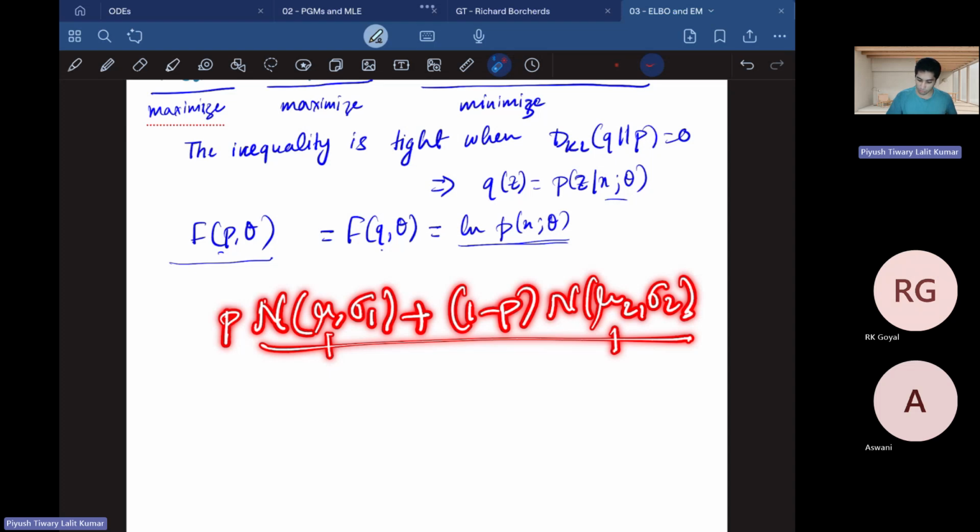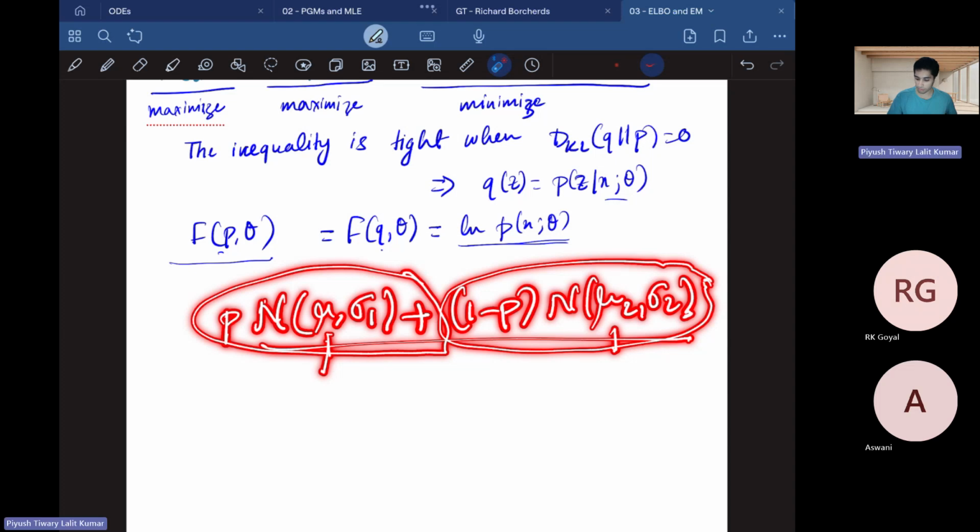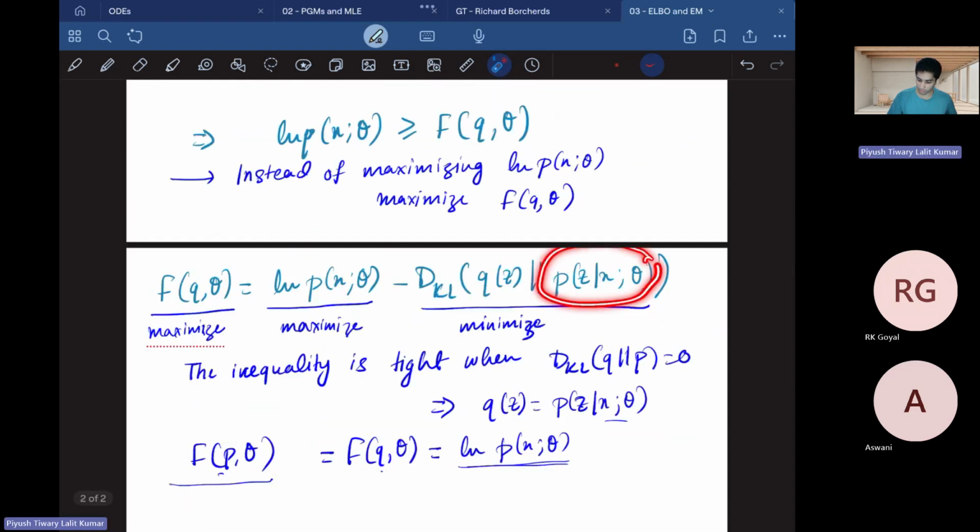So if I know that the sample is taken from mu one, this will become my P of X given Z, and if I know that the sample is taken from the second cluster, mu two, this will become my P of X given Z. So P of X given Z is something that you will be able to calculate, and hence you will be able to calculate P of Z given X totally.